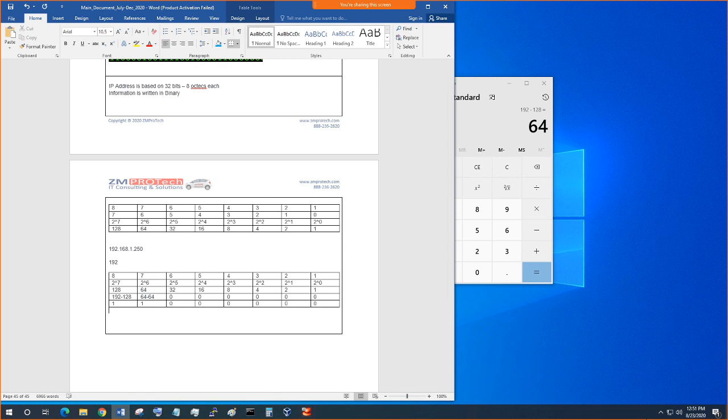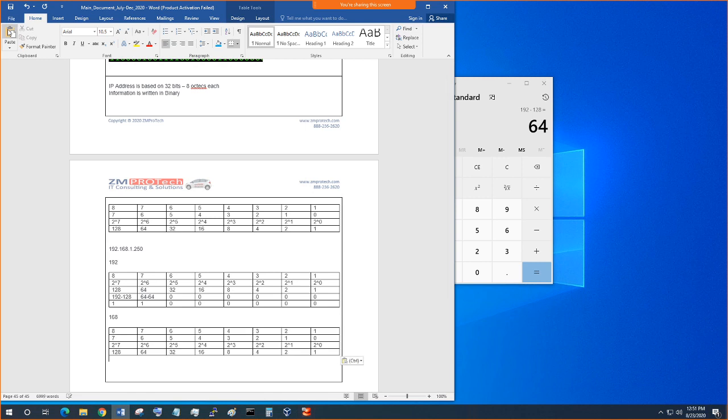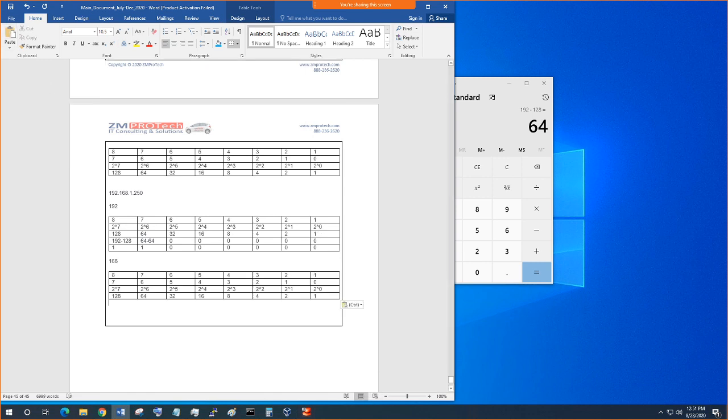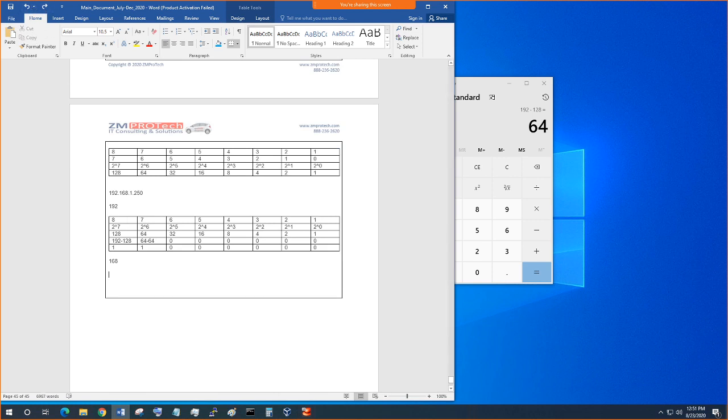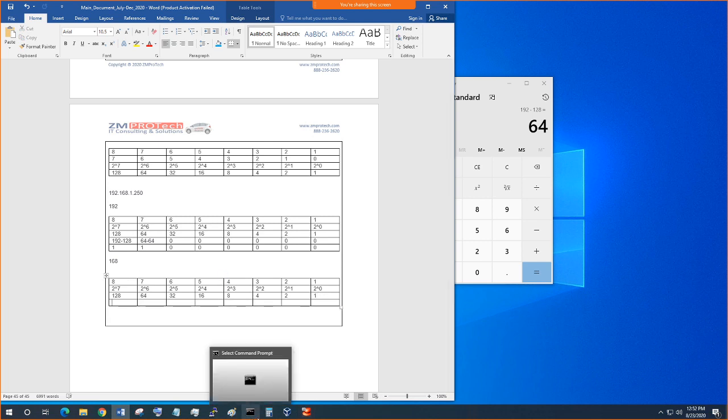Okay, good. Now let's grab 168. We're going to do the math again. Copy this same thing here, and I'm going to undo this part. I'm going to copy this part here, 3, and put it here. What we are decoding is the 168 here. So what do we do? 168 minus 128.